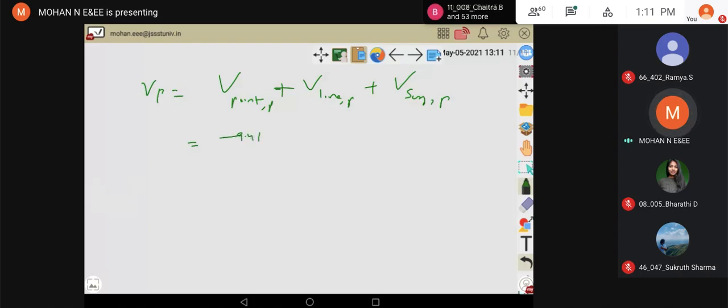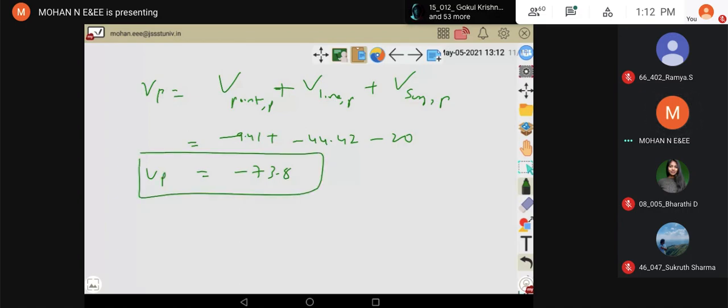Minus 9.41 plus minus 44.42 minus 20 turns out to be minus 73.8. That's all. So if this problem is clear, then you can solve any problem with respect to the potentials.